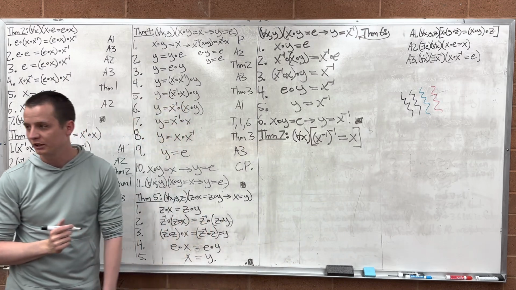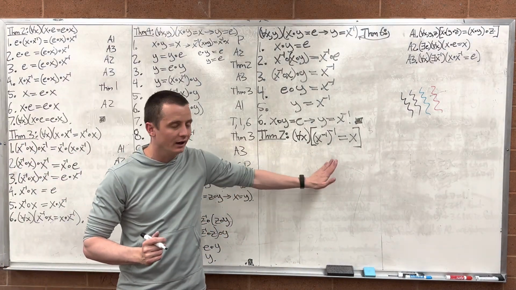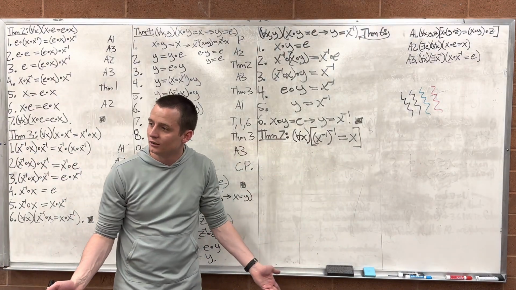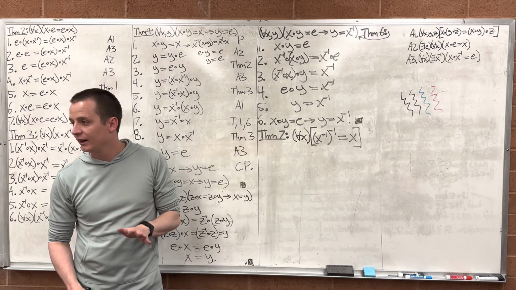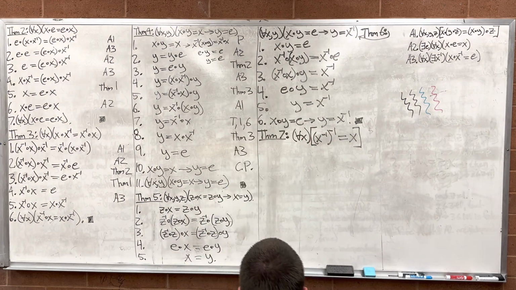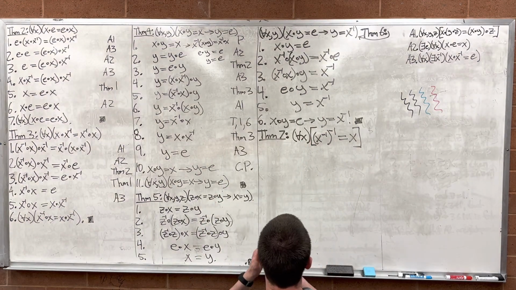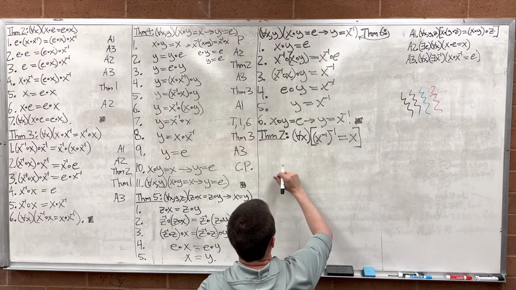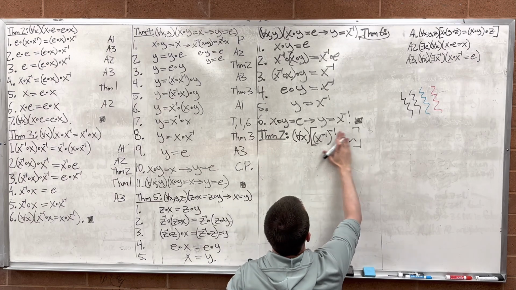Or in terms of our interpretation, we're saying that negative negative x is the same thing as x. This is the proof basically that negatives cancel out each other. Two negatives cancel out in arithmetic, but we're not in arithmetic.